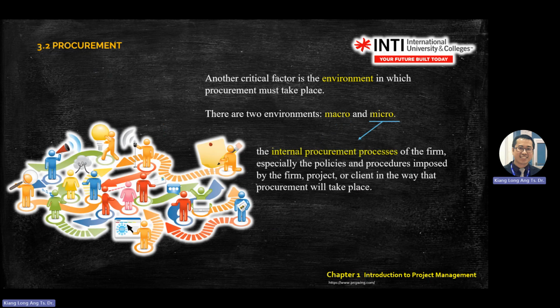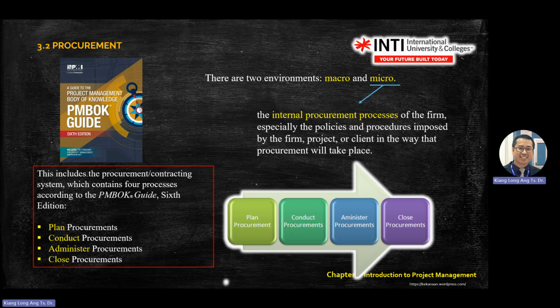Okay, micro is an internal process. It depends on the company decision. Okay, this one you read. Procurement has a process. Just now in the early part, don't confuse this with our class number 1, the project management process.